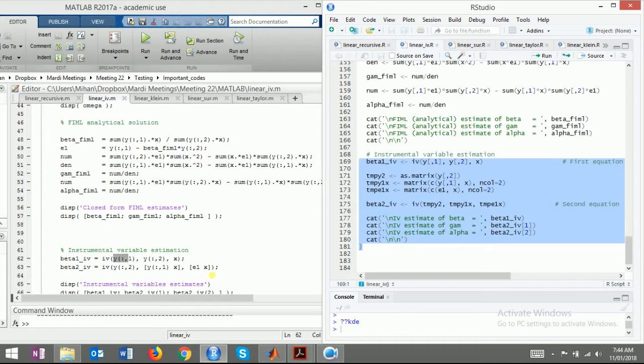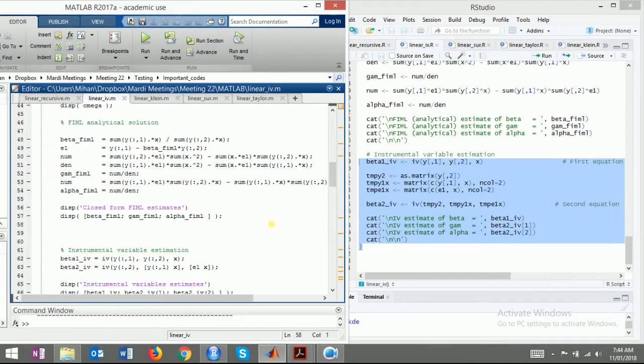First equation, second equation, beta 1 and beta 2. Estimator solving the equations. So there we have the linear equations. The instrumental variable problem is completed.